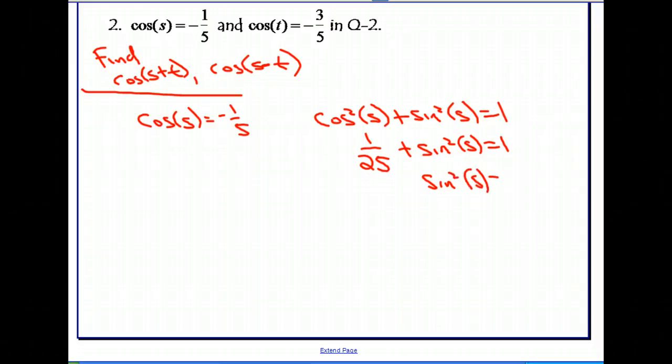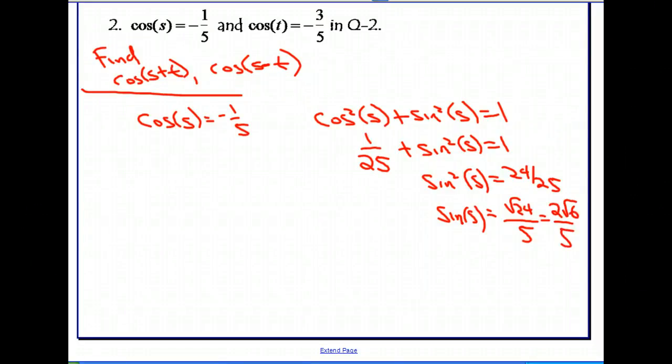So the sine squared is 24/25. And now I'll take the square root. So I get the sine of s, it's the square root of 24 over the square root of 25, which is 5. The square root of 24 I know is 4 times 6, so I can write it 2 root 6 over 5.